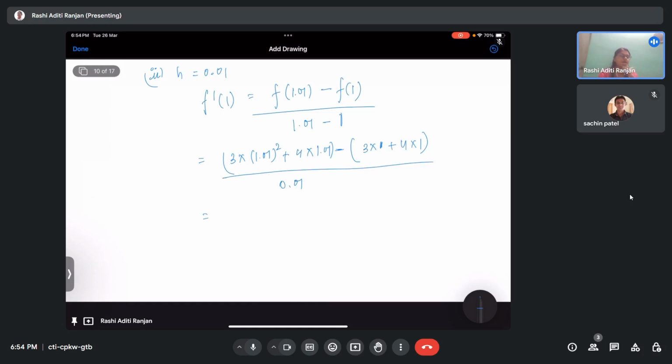So if you compute this value, it would come out to be something like 0.1003, something like this, divided by 0.01.